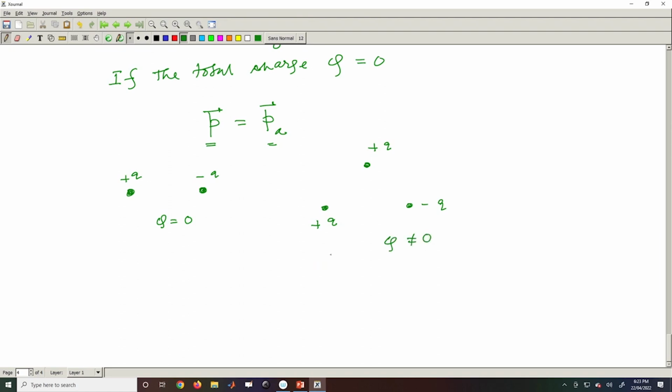We did one problem in the last class, and we checked that it depends on the coordinate system. Even though the charge is the same, because of the distribution it is different, that means the choice of coordinate system matters. So, when the total charge is 0, the dipole moment should not have any preference over the coordinate system, but here we have a preference when it is non-zero.